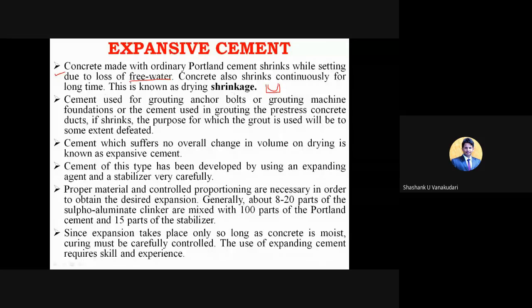Here you add water to the cement, so the cement and water mixture will be there. After the hydration process, the water dries or evaporates, or else it mixes with the cement and forms the hydration, and then the presence of water will not be there for a longer period. At that time the entire volume of the concrete is reduced.